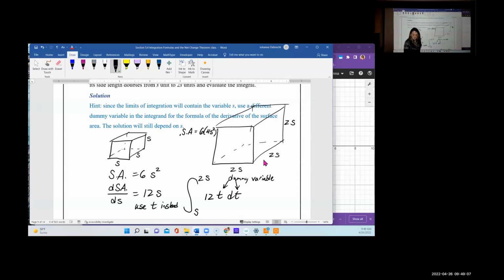Because you multiply 2S by 2S, you get 4S squared, and that gives us 24S squared. The difference between 24S squared and 6S squared, what you see here and what you see here, is 18S squared. So that's the net change in the surface area when you double the side length. Okay, any questions over that?